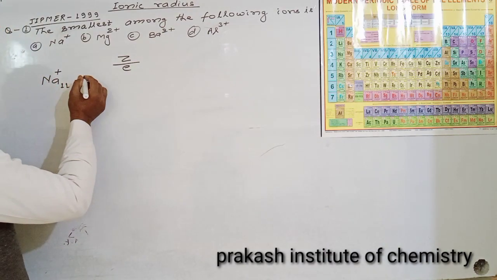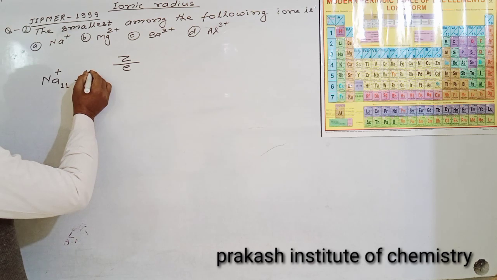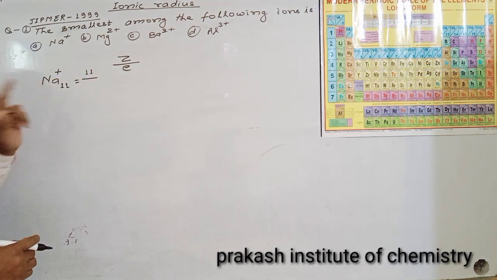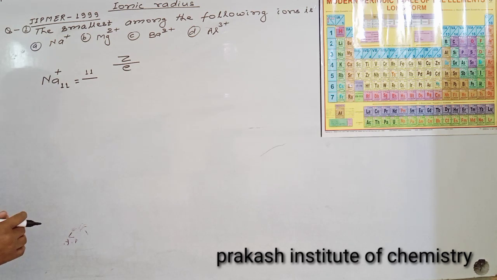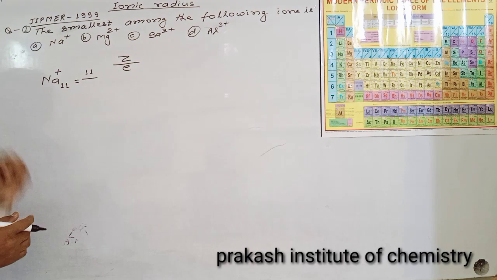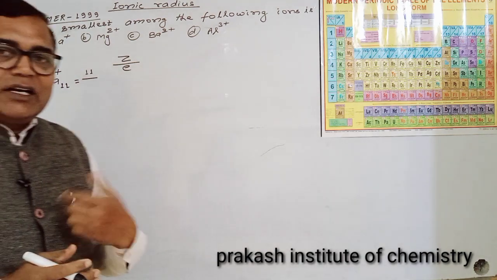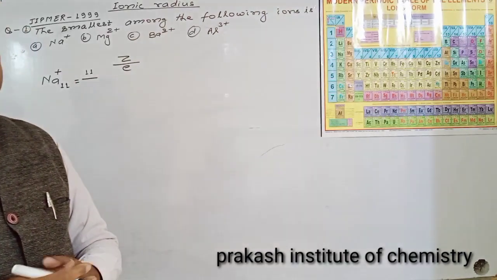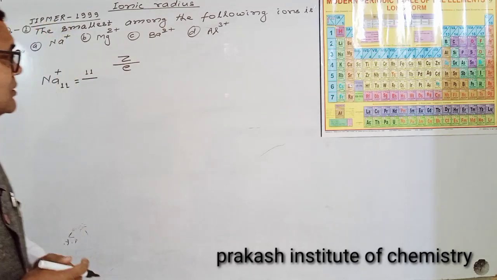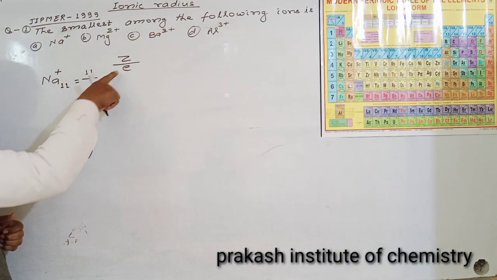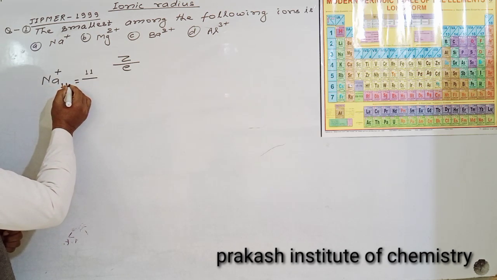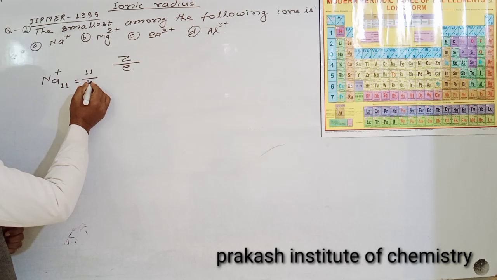The value of E is 10. This one positive charge indicates one electron removed in the sodium ion. So the number of electrons in sodium ion is 11 minus 1, equal to 10.